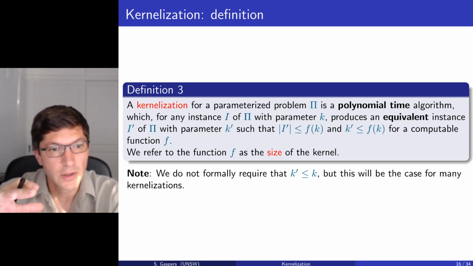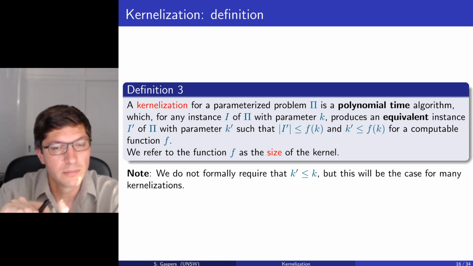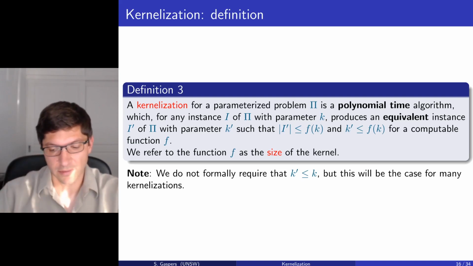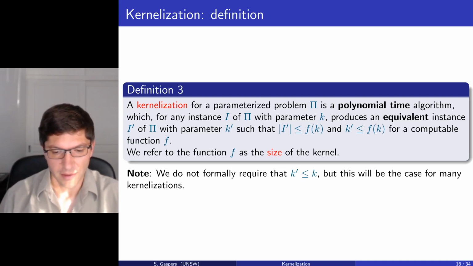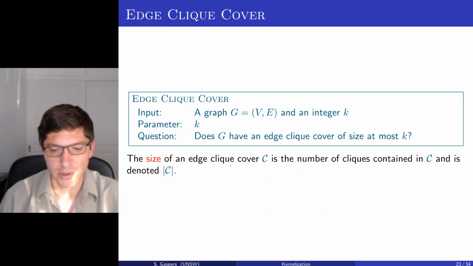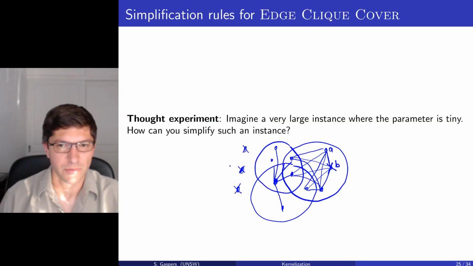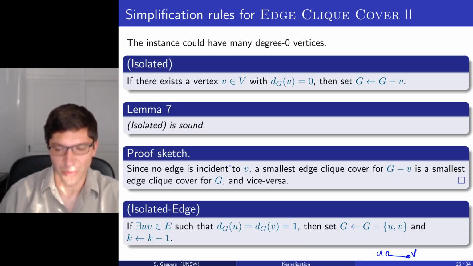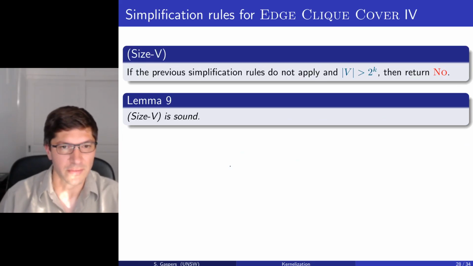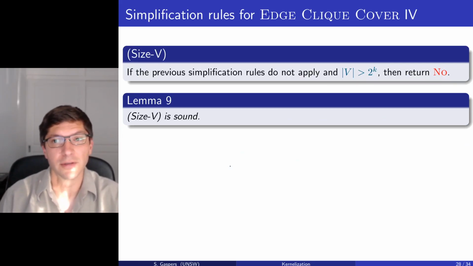But now we just said we return no. Is no an instance of the same problem? What we mean by returning no is that we return a very small no instance of the problem, just to be consistent with the definition of kernelization.